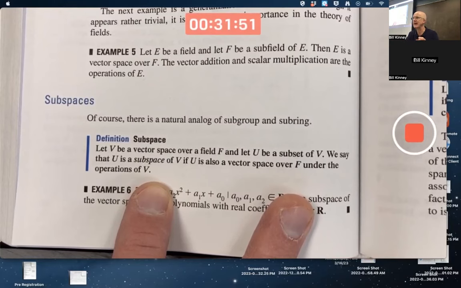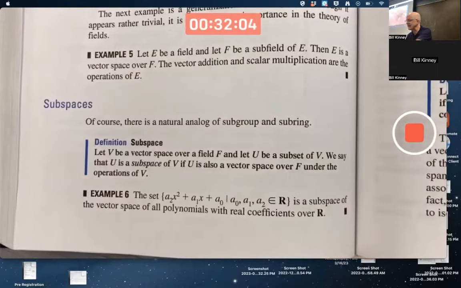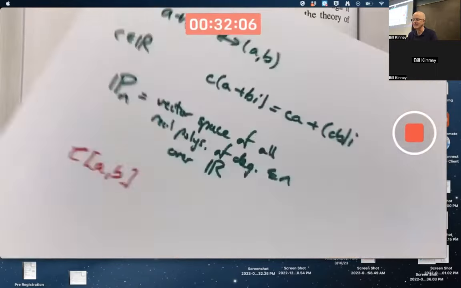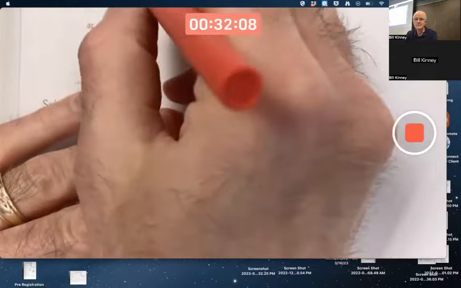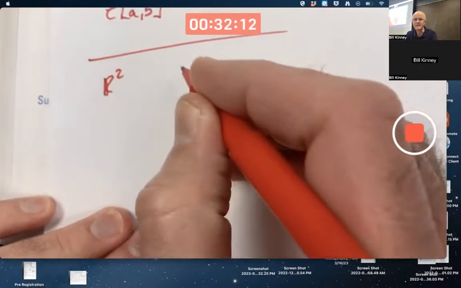So with subspace, it's a subset that's a vector space over the same field, same operations, same way to add vectors. And in linear algebra, you learn about examples like R2, which can be visualized as the plane.